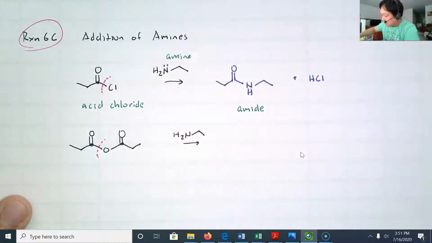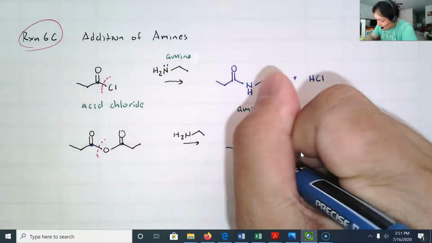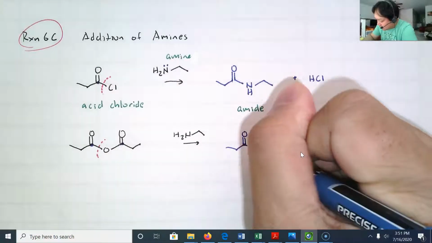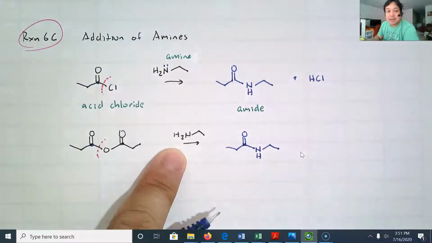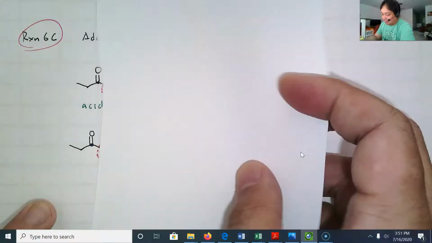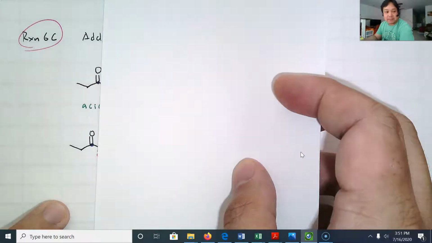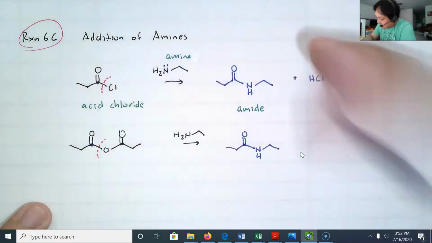I'll do the mechanism later for the acid chloride reaction. But we get the same amide. We get the same amide because we have the same amine, and we're using a derivative that has an alpha group on the left. Same stuff on the left. Our leaving group's different though.